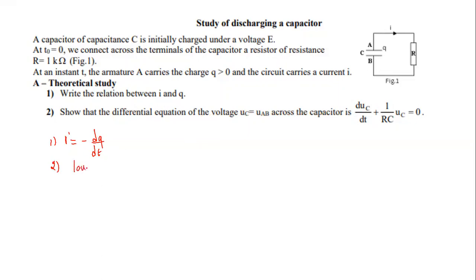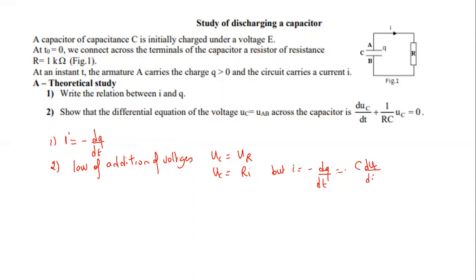According to the law of addition of voltages, we have uC equal to u of the resistor, which means uC equals R times I, but I equals minus dq over dt, which is minus C duC over dt. Then we substitute, so we get uC equals minus RC duC over dt.